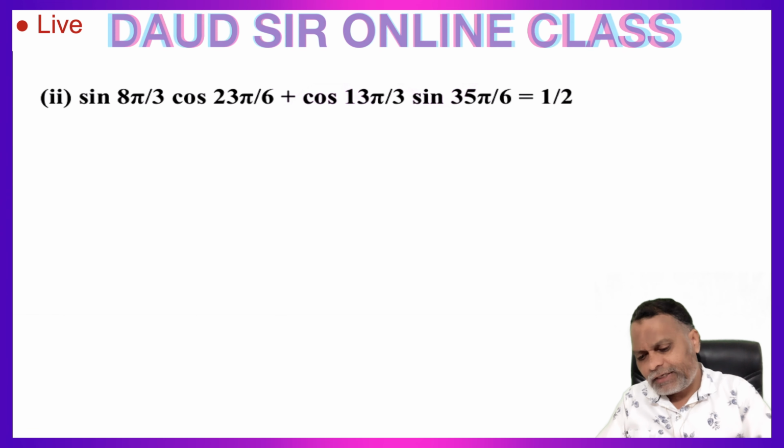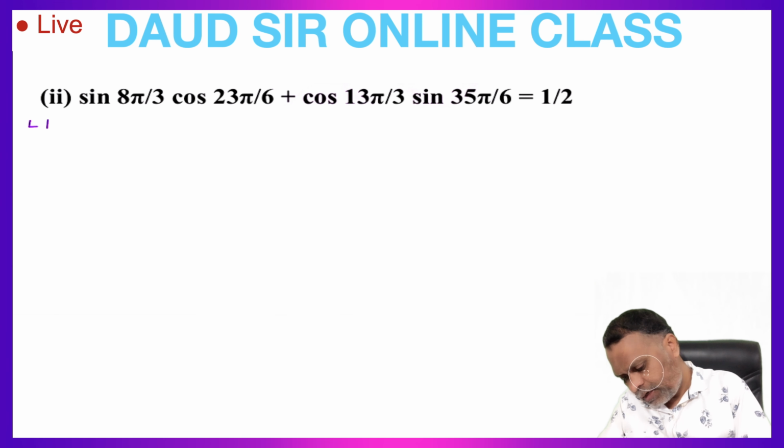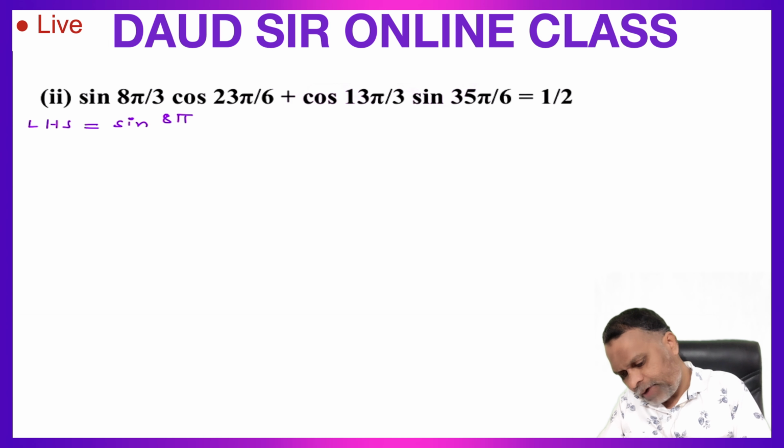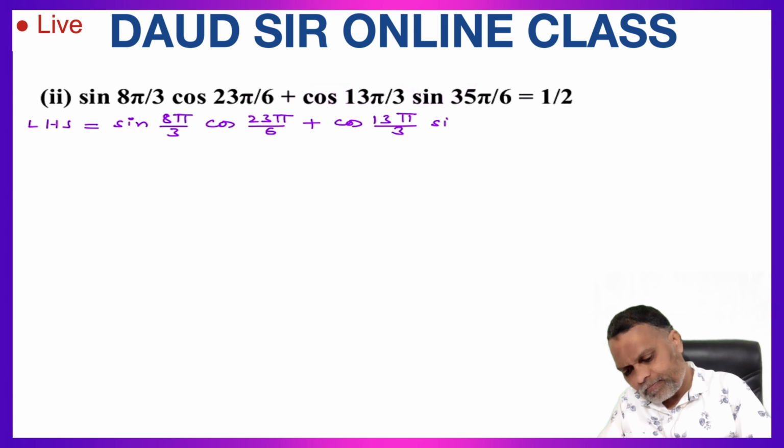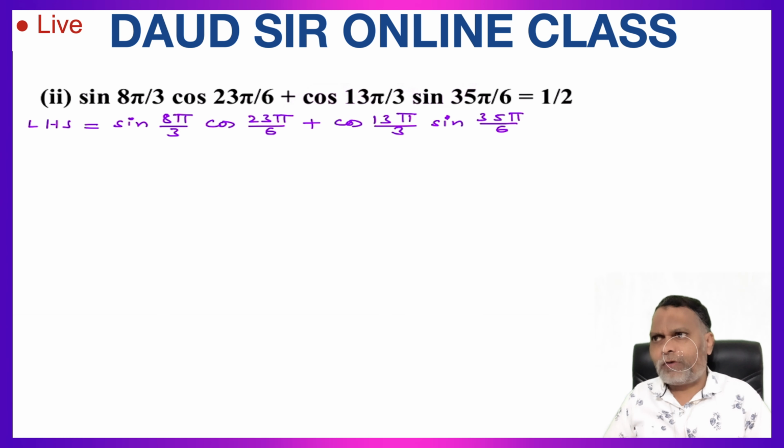So taking left hand side, LHS is equal to sine 8 pi by 3 into cos 23 pi by 6 plus cos 13 pi by 3 into sine 35 pi by 6 is equal to, we have to prove, 1 upon 2.